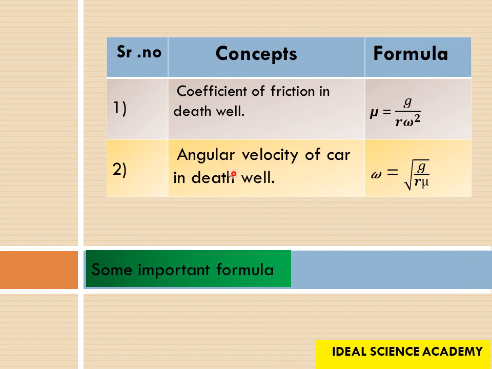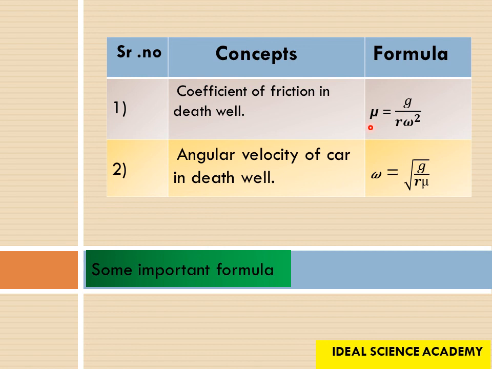Angular velocity of car in death well, so omega equals under root g upon r into mu. g is the acceleration due to gravity, r is the radius of death well, and mu is the coefficient of friction.